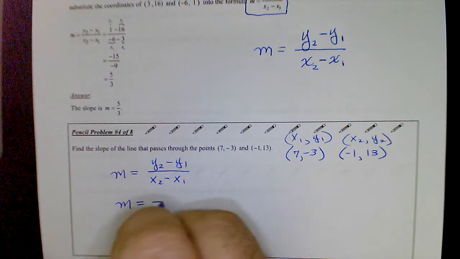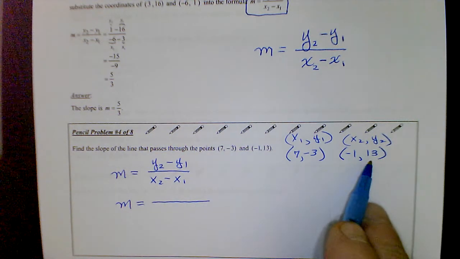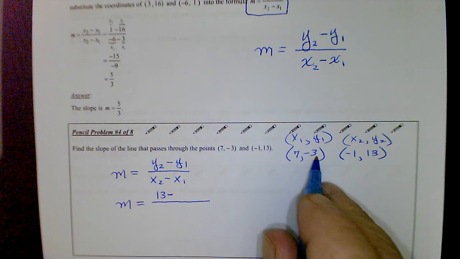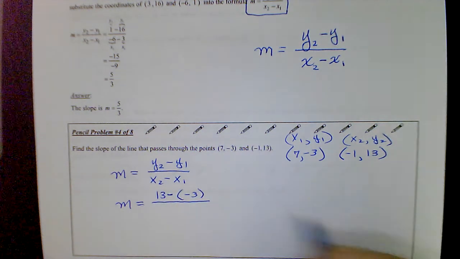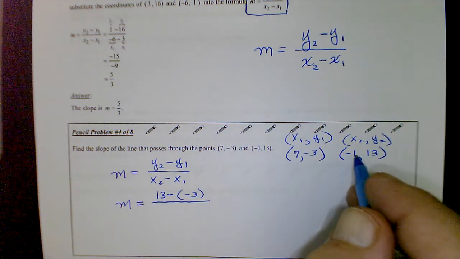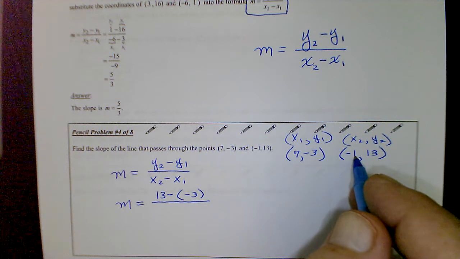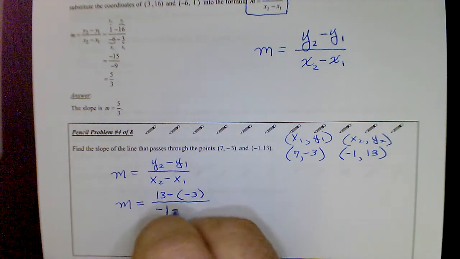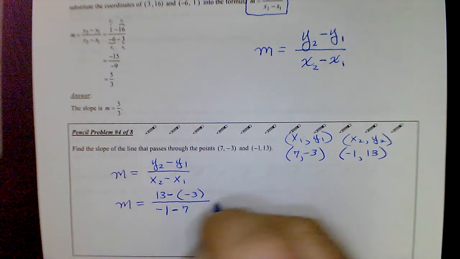And then just show the substitution into the formula. So I've labeled y2 as 13 minus y1 is a negative 3, so let me put parentheses around that, over x2. Make sure you're consistent and you go back to the appropriate x2 is negative 1, so don't mix them up, and then minus x1 is 7.